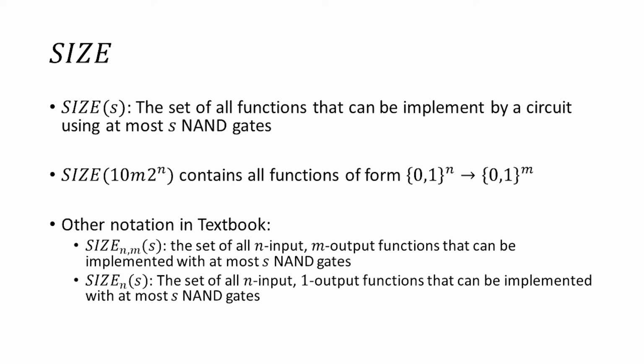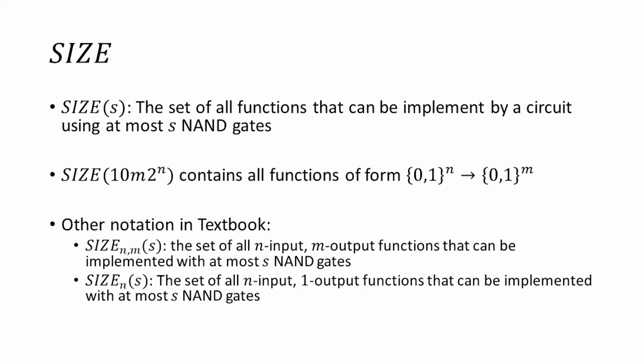Now when you look at the textbook, you're going to see that there's a couple of different versions of this size operator, where sometimes there are subscripts associated with it. And that's essentially restricting the kinds of circuits we talk about. So when we say size of S and there are no subscripts at all, that refers to all of the circuits in general that can be implemented using S or fewer NAND gates.